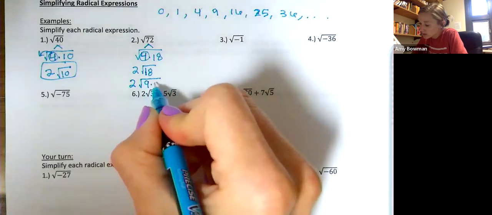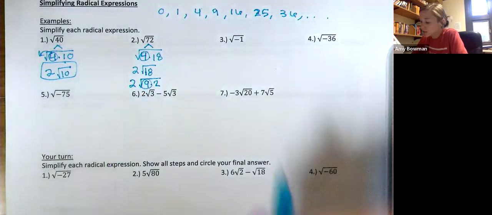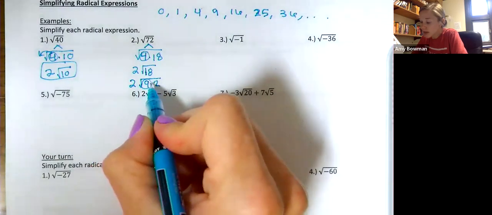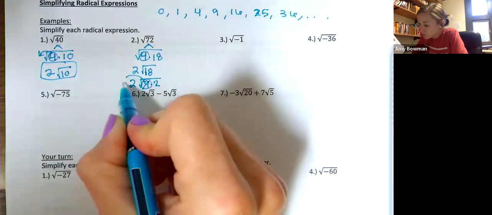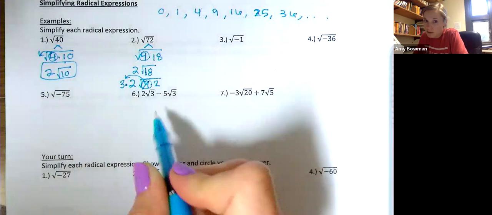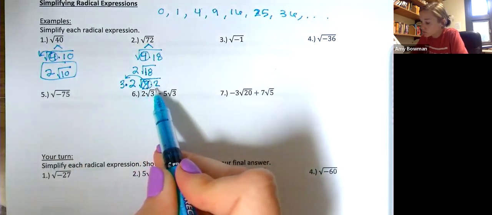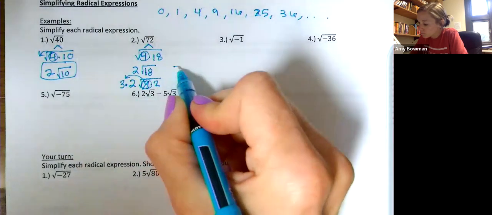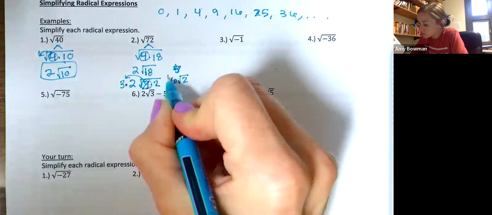Now I can take the square root of 9, which is 3. That 3 comes out front and gets multiplied by the 2. So really what we have left is 3 times 2 times the square root of 2, which is 6 times the square root of 2.